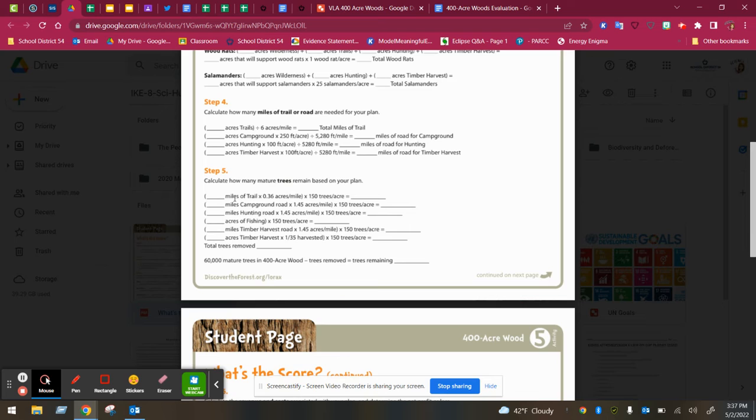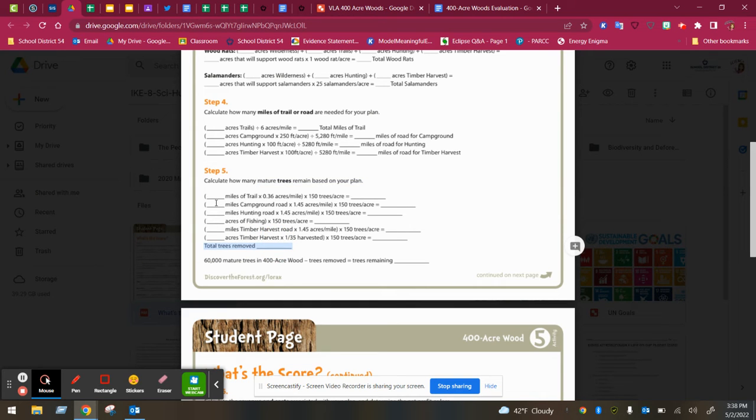So blank miles of trail, I'm going to take my total miles of trail. I'm going to write that number in my first blank times 0.36 first. And then I'm going to multiply that by 150 trees per acre. So I'm calculating, it says how many trees remain. Well, in order to calculate how many trees remain, I'm going to start by calculating how many trees I removed.